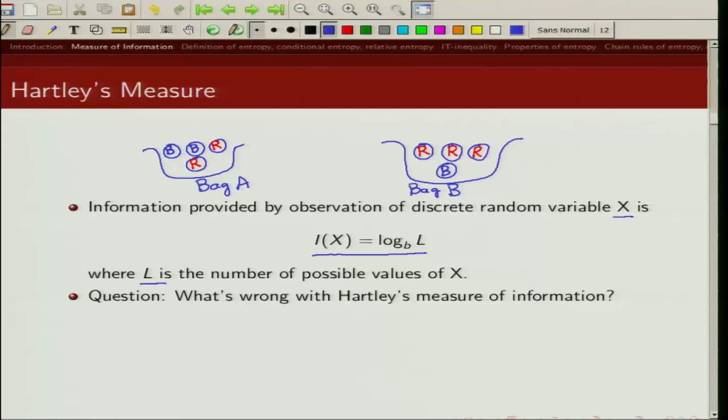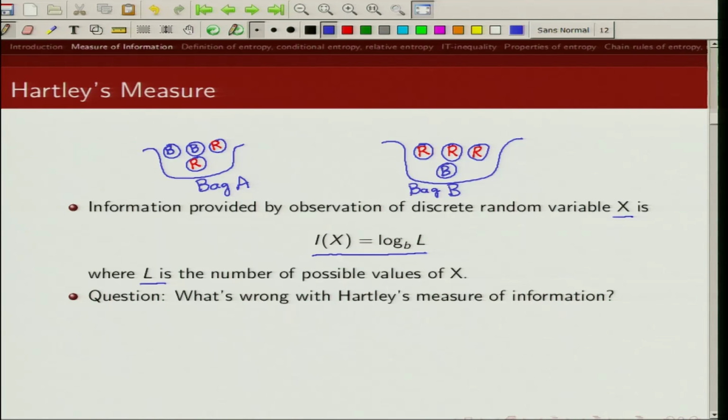Similarly, in bag B you have 2 possibilities. So according to Hartley's measure, the information content in both these bags is the same, because both have only 2 possibilities. But is the information content the same?